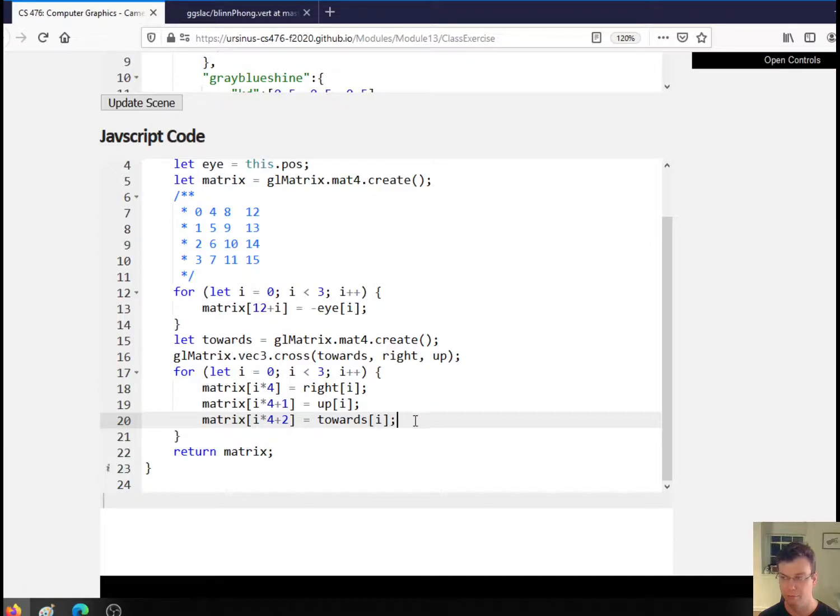And the reason for that is the inverse of any rotation matrix is its transpose. So just changing the rows for the columns. That will undo whatever rotation was in the original matrix. Okay, so we're trying to do the inverse. We're trying to rotate the world the opposite way.